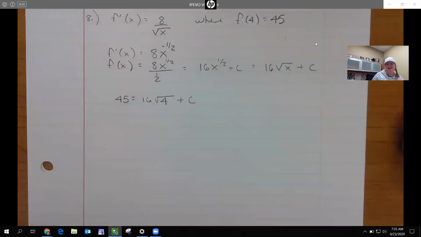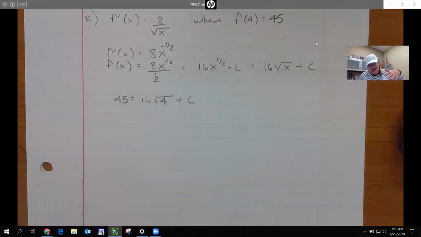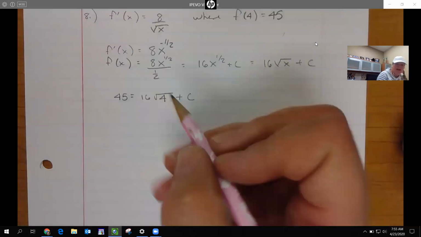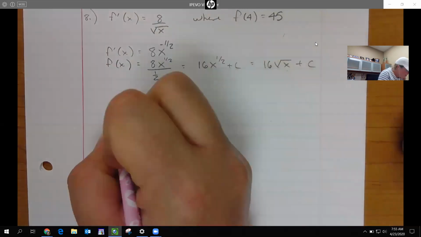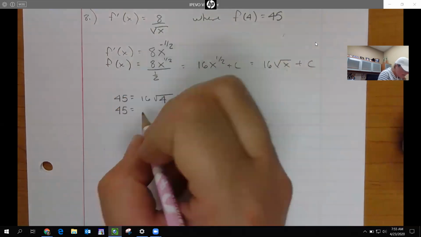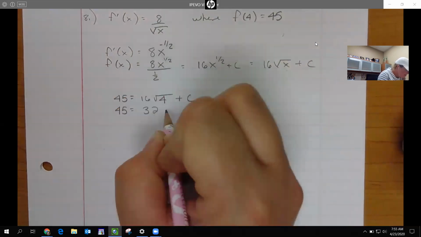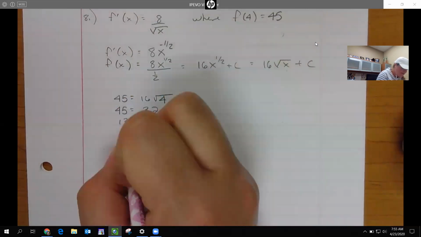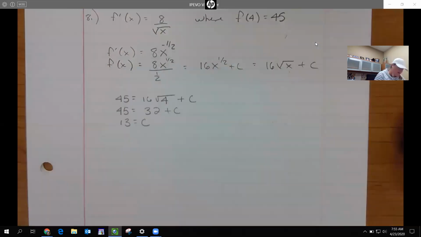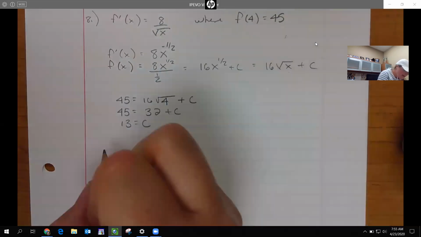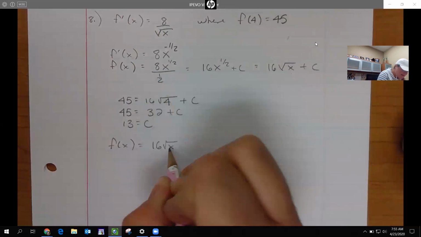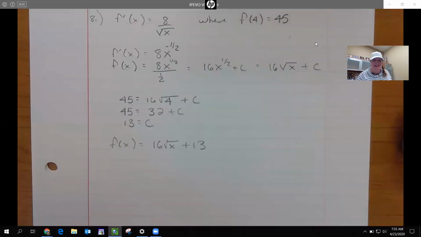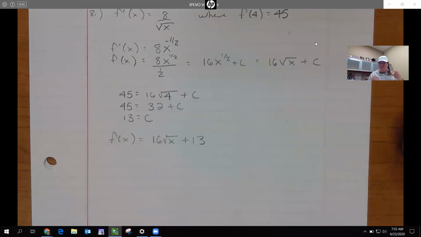So I put it in for x and y, and then I find my C. The square root of 4 is 2. 2 times 16 is 32. So I have 45 equals 32 plus C. Subtract that over, and I get 13. So when I'm finally done, I know that the function is 16 square root of x plus 13. You can find that C by that x and y sample point.